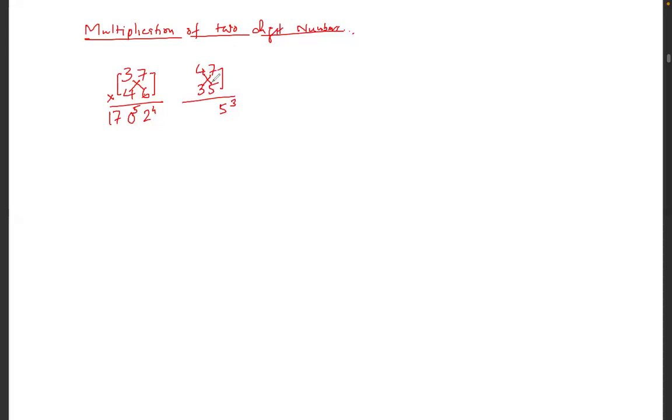So 21 plus 20 is how much? 41. 41 plus 3? 44. So write 4, carry 4. And then 4 threes are 12. So 12 plus 4, 16. This is how you get the answer.